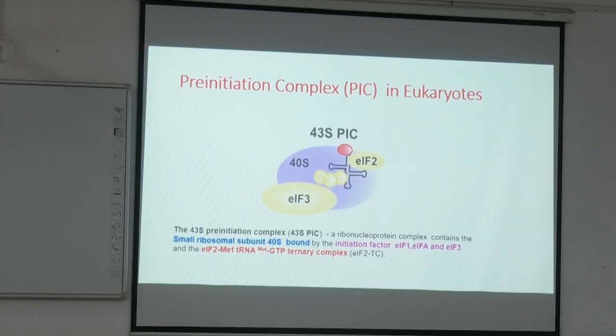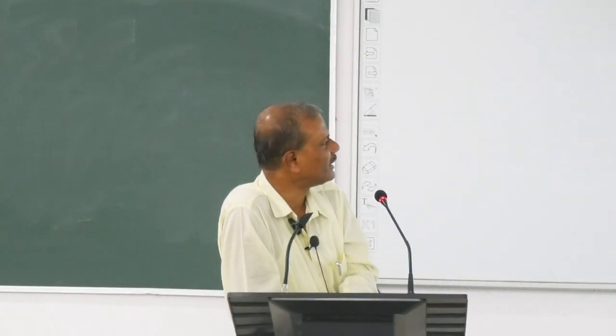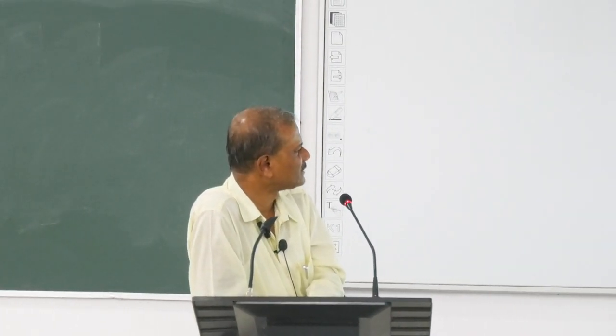This pre-initiation complex binds to the mRNA molecule and scans through it until it finds the start sequence and comes to the AUG part of that mRNA, and then the initiation starts.